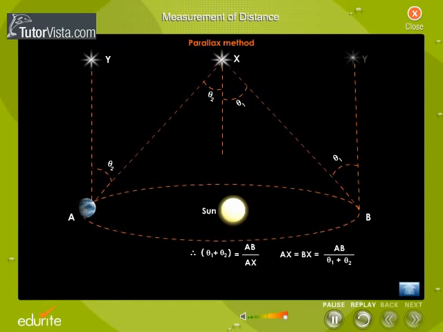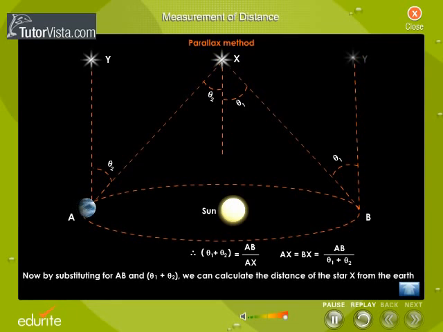AX is equal to BX is equal to AB by θ1 plus θ2, where AX is the distance of the star from Earth and AB is the orbital diameter of the Earth. Now by substituting for AB and θ1 plus θ2, we can calculate the distance of the star X from the Earth.